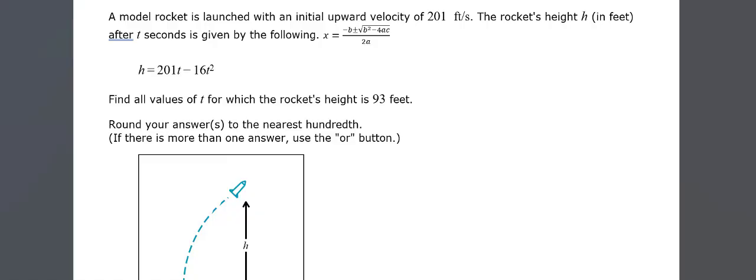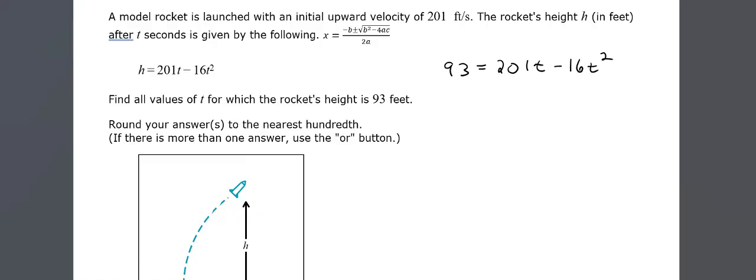Find all the values of t, so we're looking for the time for which the rocket's height, which is h, is 93 feet. So we're going to substitute 93 in for h. So nothing else changes right now.